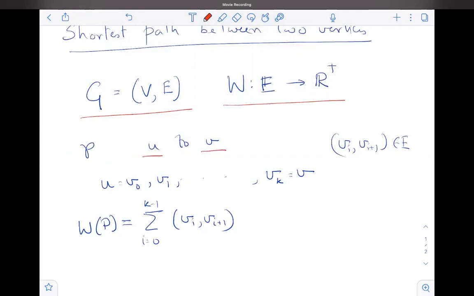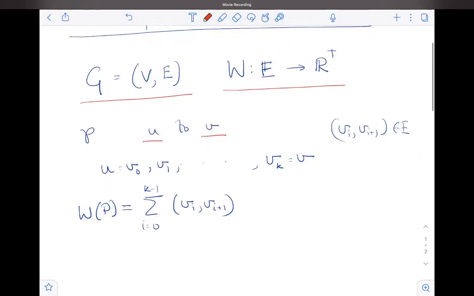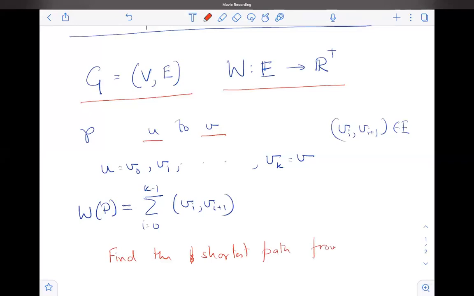And you have been given these two vertices U and V, and your job is to find the shortest path from U to V. Now, do you guys have any idea how you can try to find it? I know some of you must have seen it previously in earlier courses. Some of you might not, but I would still like to hear from you guys.